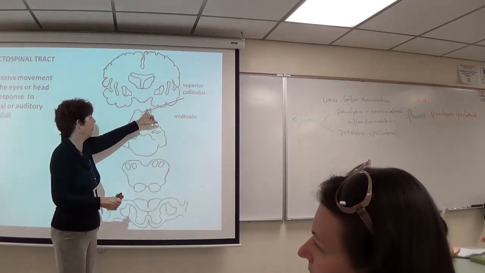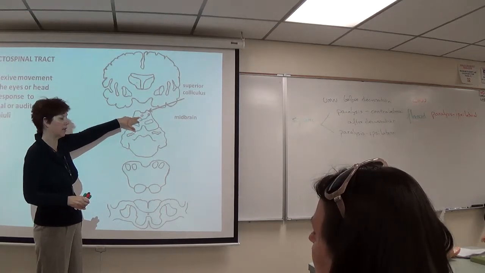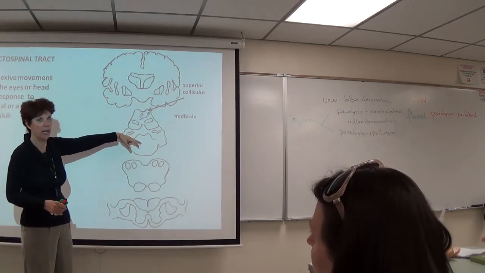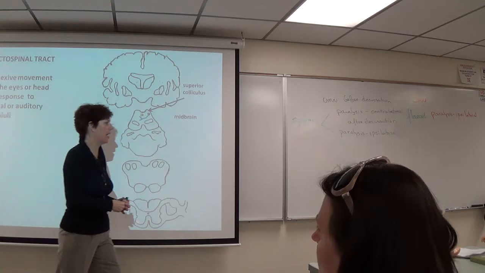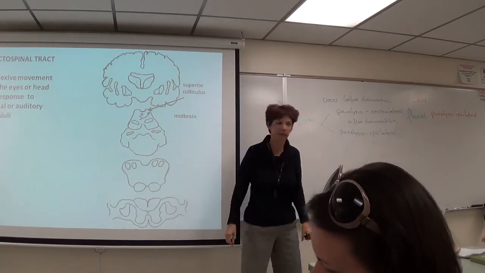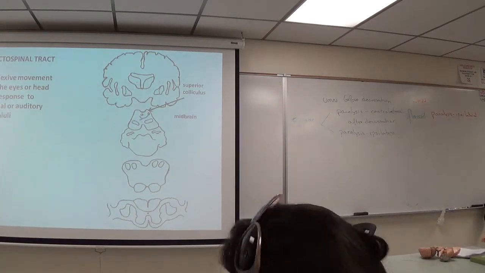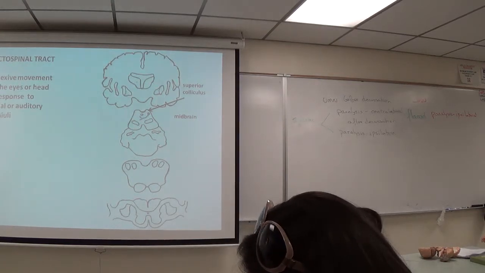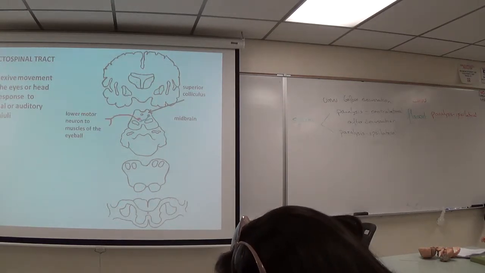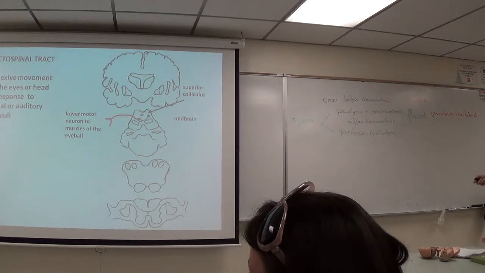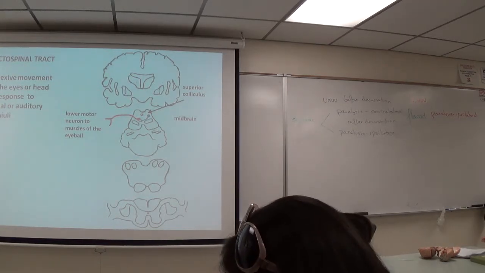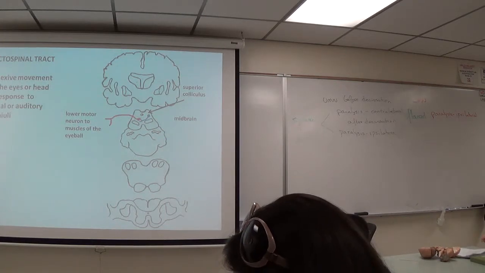All right, so I'm going to have upper motor neurons going both to oculomotor and coming down to cranial nerve 6. And then I would have my lower motor neuron, which would be the cell body of that cranial nerve. So the lower motor neuron would be the nerve in either cranial nerve 3 or 4 or 6, whichever one, mostly 3 and 6.